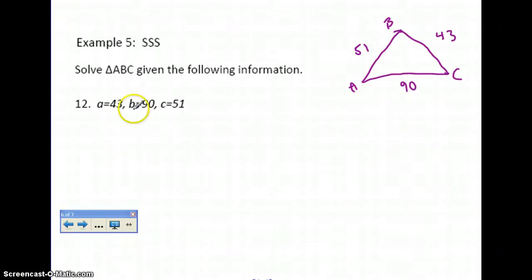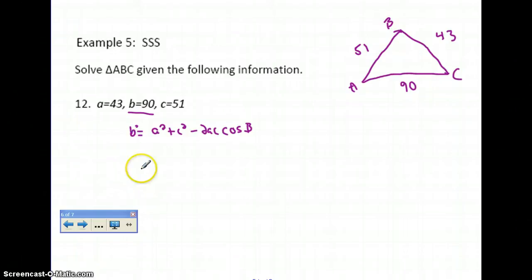So what I'm going to do is try to find angle B, because what I always want to do is find the largest angle first. And if you guys remember what we talked about, sides and angles always tell me what's going on. So if side B is the largest side, that means that angle B has to be the largest angle. So I'm going to be using B squared equals A squared plus C squared minus 2AC cosine B.